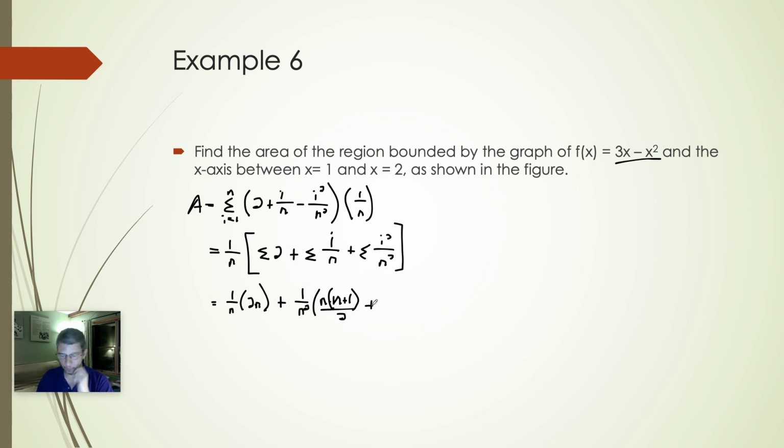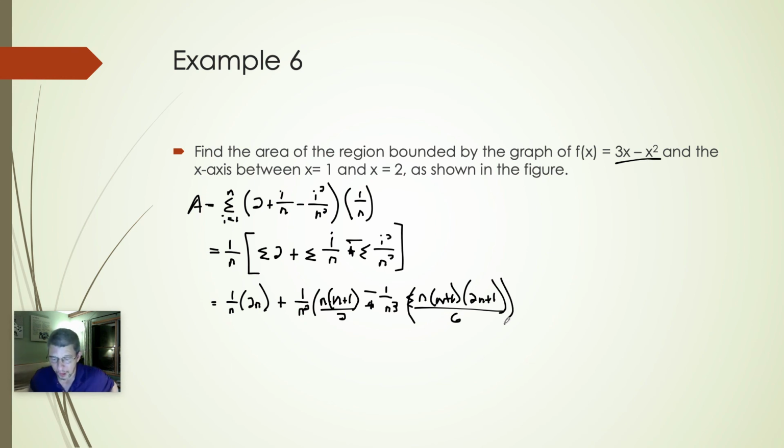And then finally, the summation of this is going to be 1 over n cubed, minus, this is a minus sign, by the way, 1 over n cubed times the summation of i squared, which is n times n plus 1 times 2n plus 1 over 6.